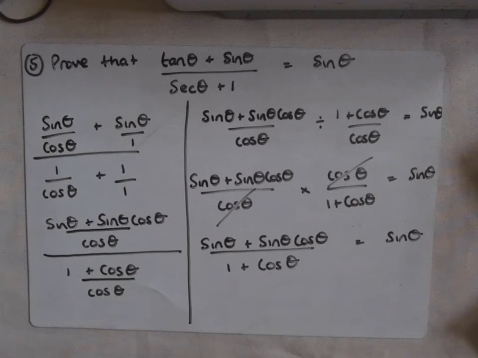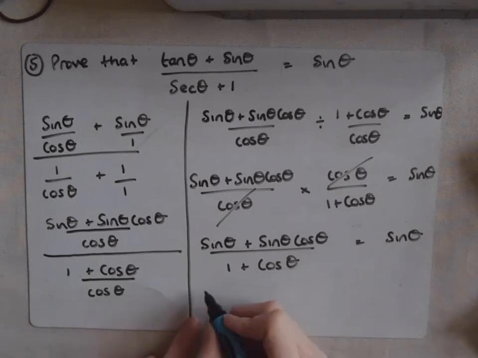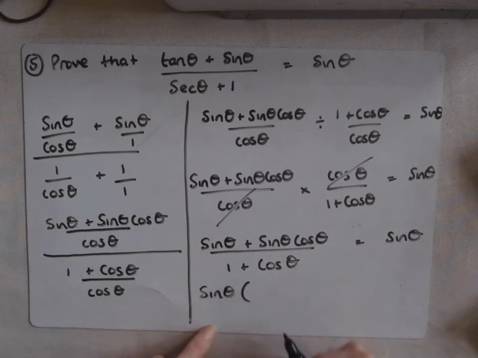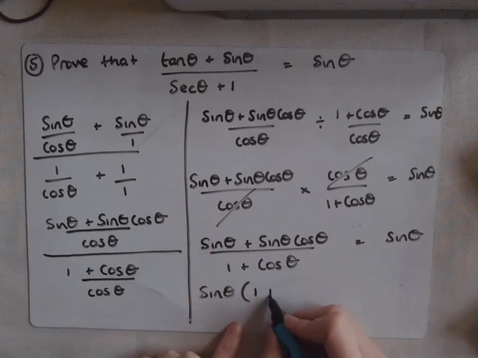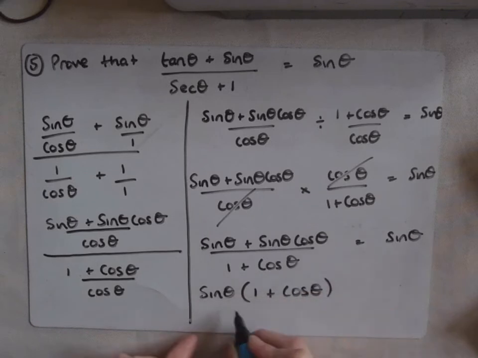Now, do you see anything common on the top? Sine theta. So let's factorise out sine of theta. And what I'm left with is 1 plus cos of theta.